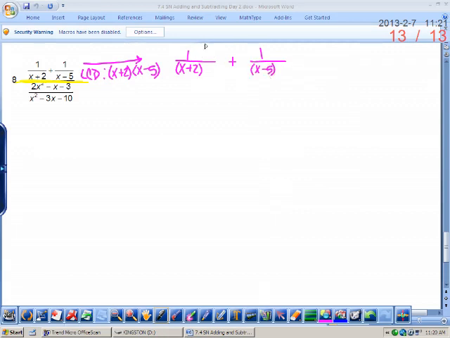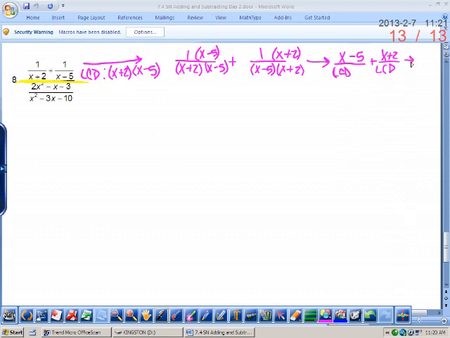What am I going to multiply this first one by? And then the second one by x plus 2. So we're going to end up with x minus 5 over our LCD plus x minus 2.